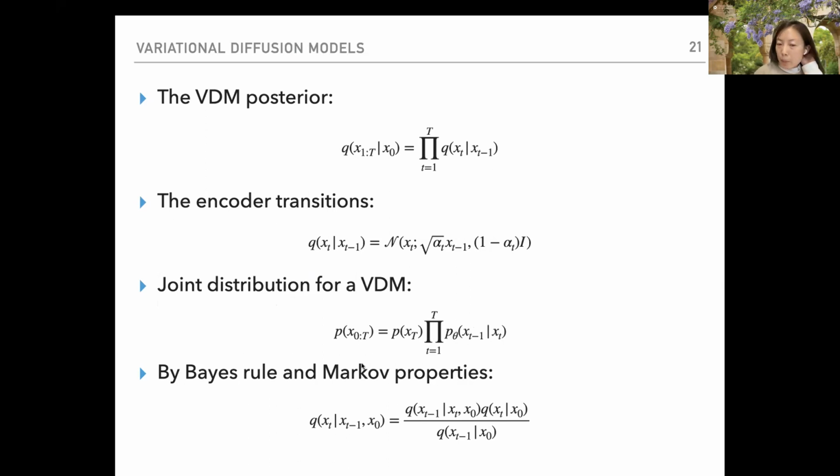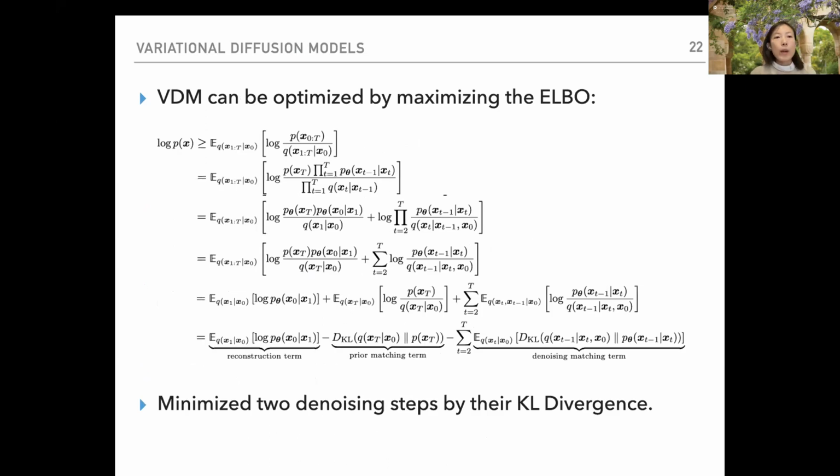And by Bayes' rule and the Markov property, we can rewrite the encoder process like this. So the VAE can be optimized by maximizing the evidence lower bound. We can see that it consists of three terms. The first term is the reconstruction term. It predicts the log probability of the original image given the first step latent. The second term is the prior matching term.